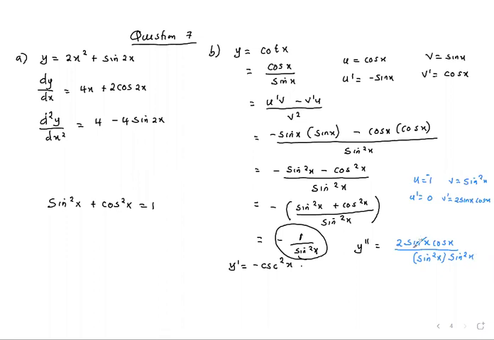Maybe this guy can cancel one of the sines here. And so our second derivative is going to be 2 cos x over sine cubed. So now, to be a bit smart, we'll say sine x times sine squared x, so that we can write it as 2 cos over sine is cot.